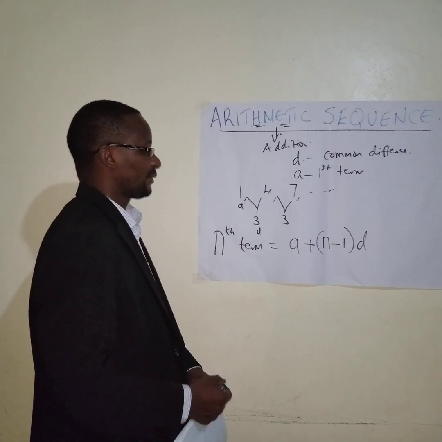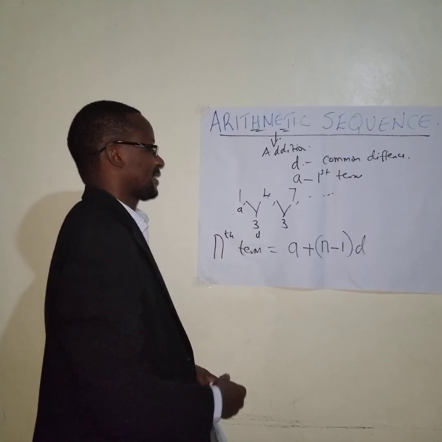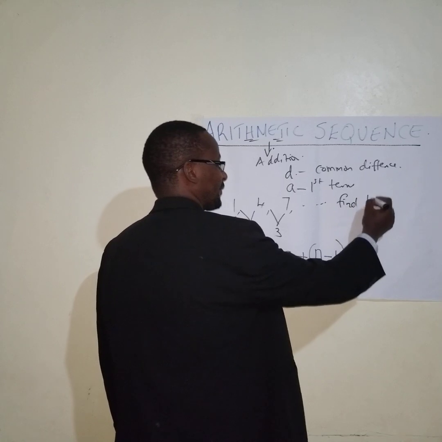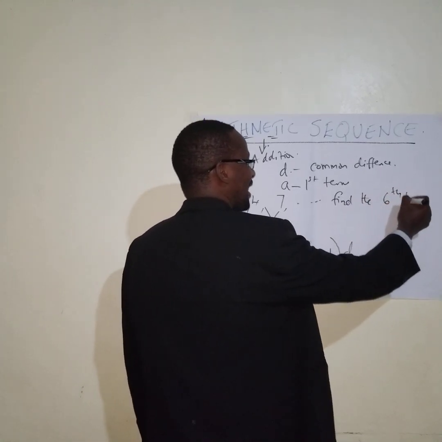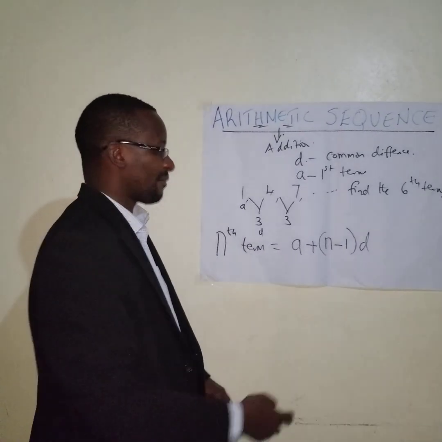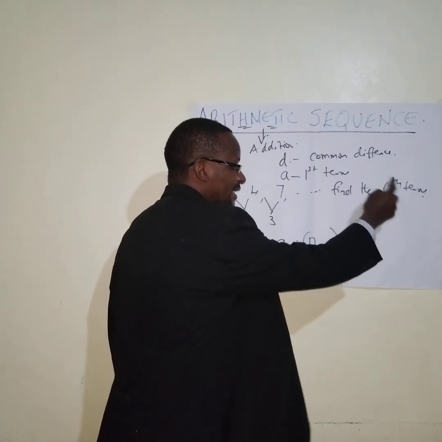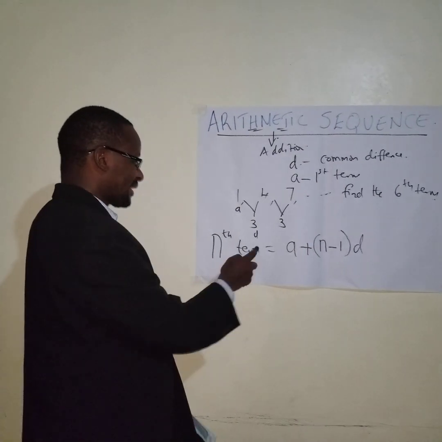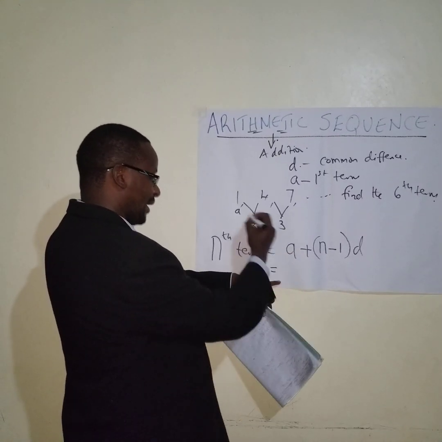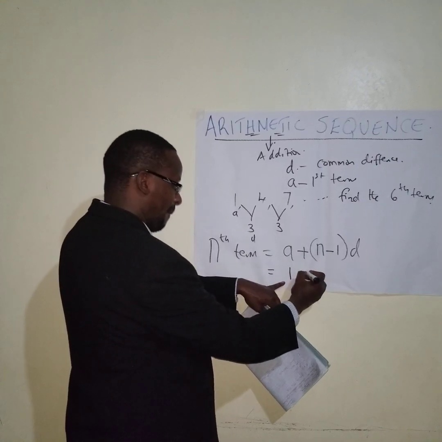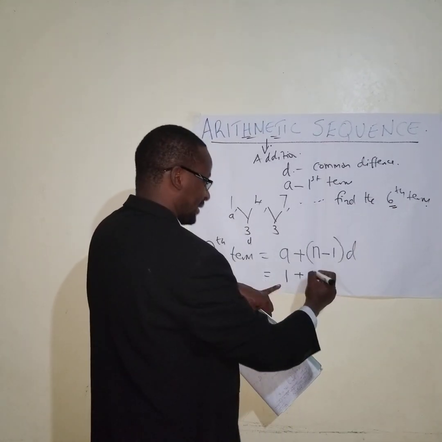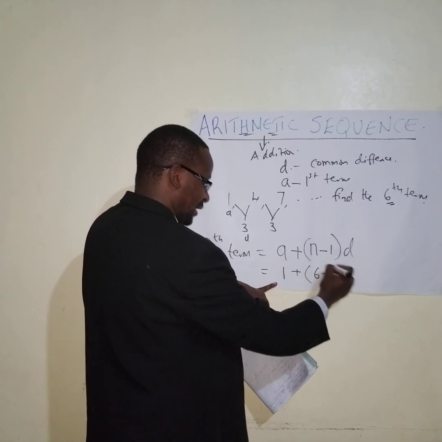For example, in this sequence, can we use this formula to find the 6th term? So when you are told the 6th term, this is your n. So n is 6. So the 6th term in this case will be what? Our A is 1, so we substitute here 1, plus n is 6, minus 1.